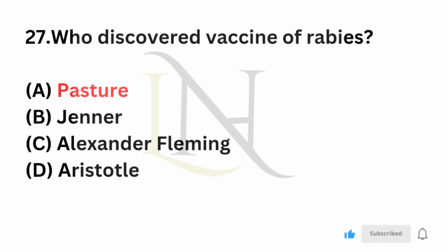Edward Jenner discovered the cowpox vaccine and smallpox vaccine, and Alexander Fleming discovered penicillin. And Aristotle is a father of modern science.